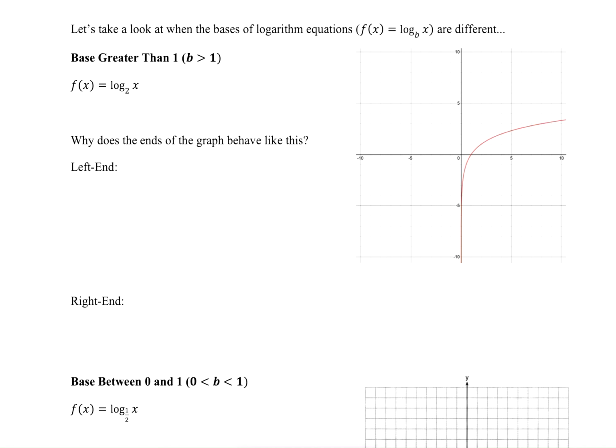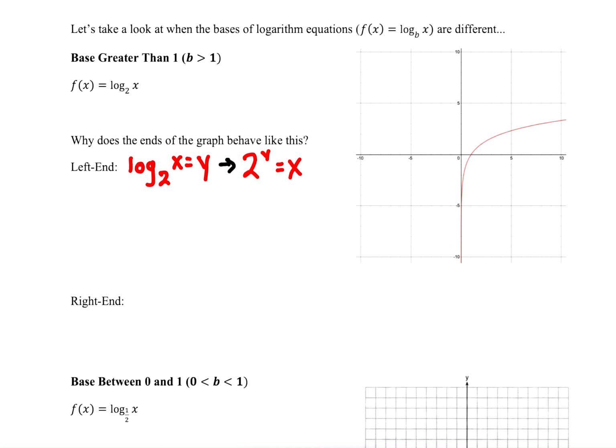I think the first thing to do is look at it in exponential form. So here is the logarithm form of our equation, log base 2 of x equals y, and I'm going to look at that in exponential form because I think it's easier to think of in exponential form. That's what we're used to using more often.